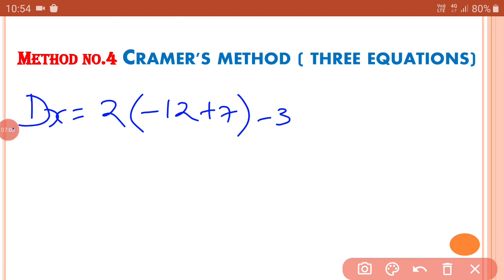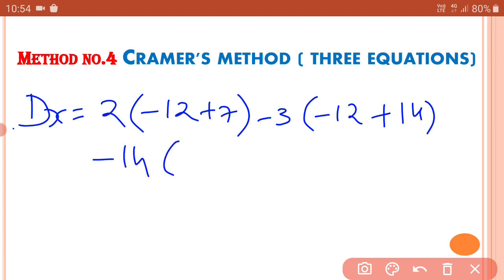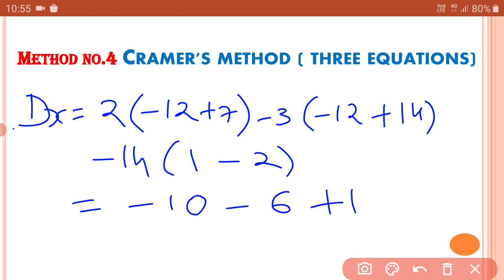So in the calculation, 2 into bracket minus 12 plus 7, minus 3 into bracket minus 12 plus 7 times 2, minus 7 times 2 plus 14, and then minus 14 into bracket 1, 1, 1 and minus 2, 1, 2. So your final answer will be minus 10 minus 6 plus 14, and the final is minus 2.